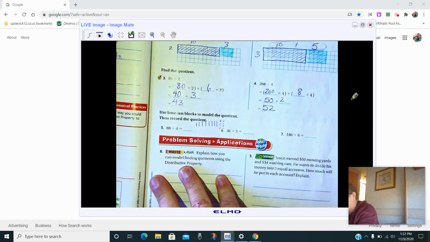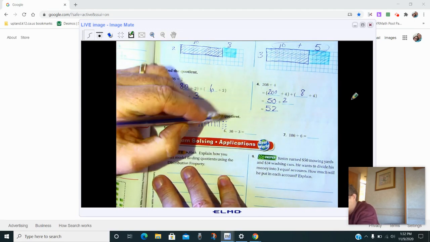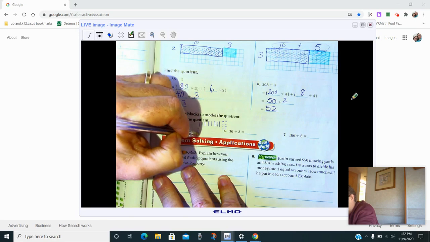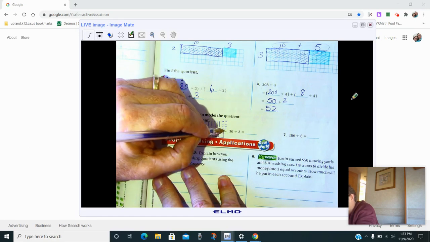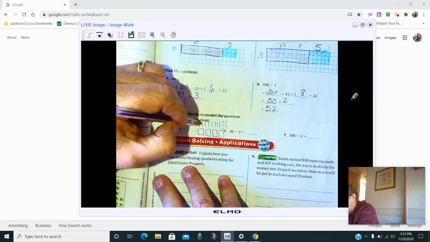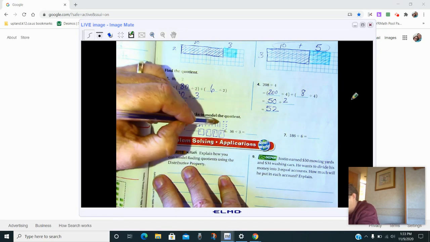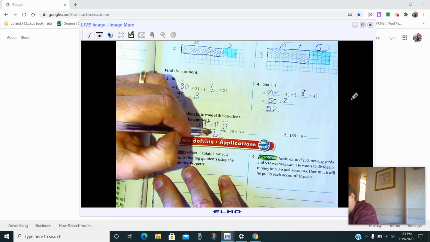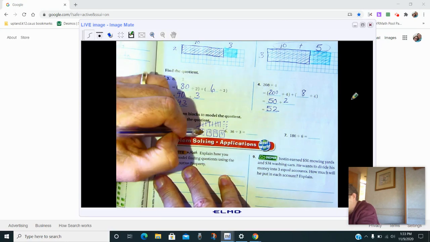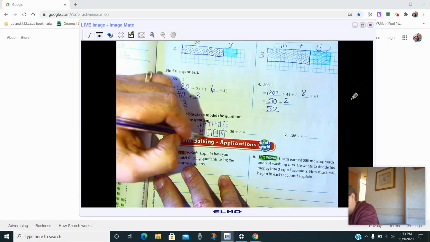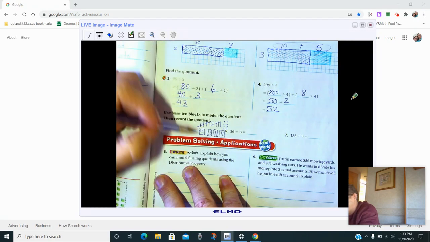Okay, so we need to put them into 4 groups. So 1, 2, 3, 4. Well, let's just take the first 4 and put them in. And I still have 4 more, so I can share those again. And now we have 8 ones. I'm going to put 2 ones into each group, and that would be 8. So we have 22.